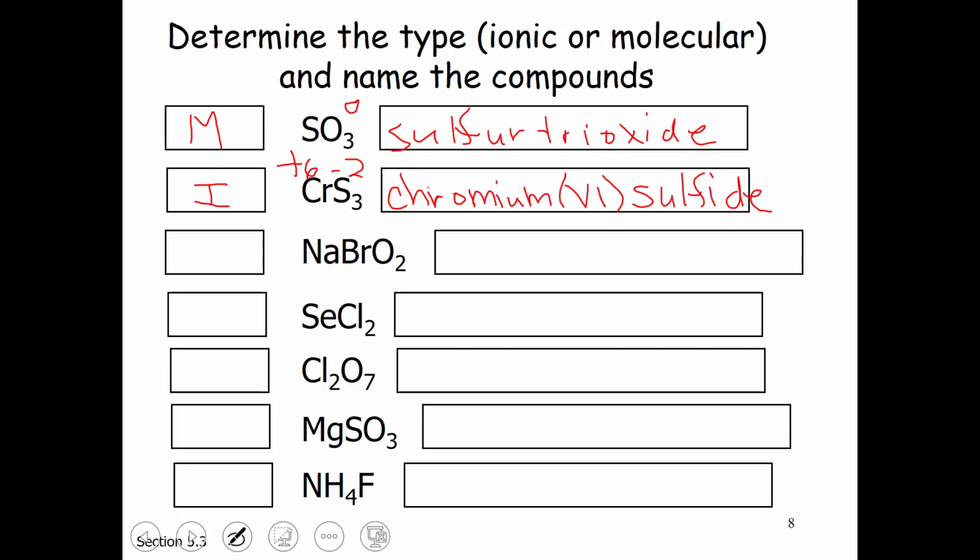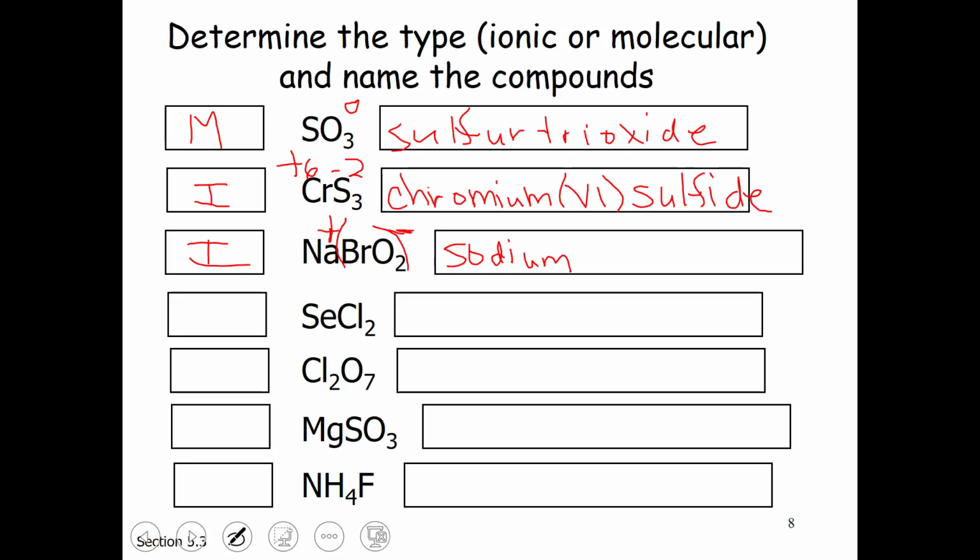Okay, the next one with sodium in it, I think we can effectively decide that that's ionic. So I will go with sodium for my metal. Do I need any Roman numerals? I don't think so, because sodium's in column 1, so we know it has to be +1, which means this other polyatomic, BrO2, has a charge of 1-.